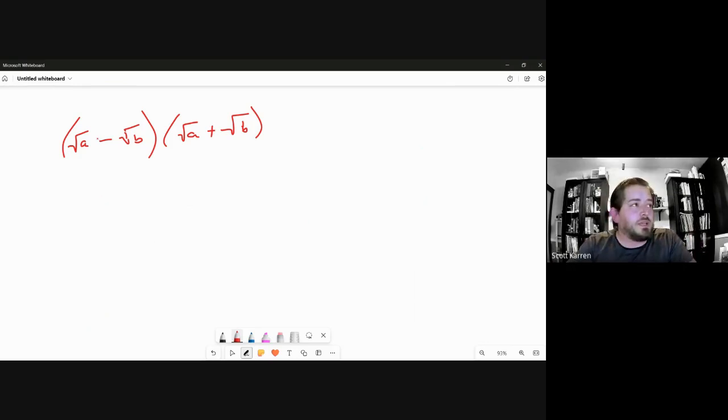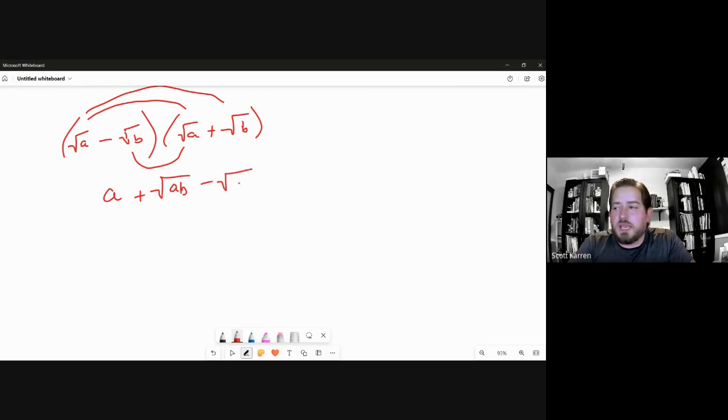So I get the square root of a times the square root of a is an a. The square root of a times the square root of b is plus the square root of ab. But this term here is minus square root of b times the square root of a, which is minus then the square root of ba or ab.